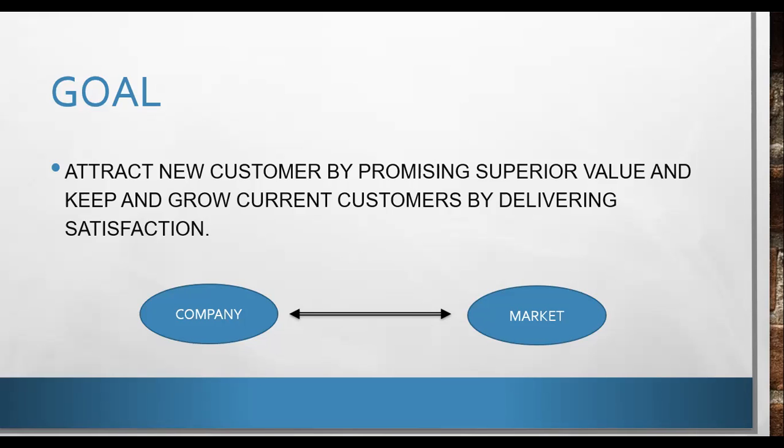Marketing is also an integrated process through which companies create value for customers and build strong customer relationships in order to capture value from customers in return. So simply put, marketing is the delivery of customer satisfaction at a profit. Again, marketing is the delivery of customer satisfaction at a profit.